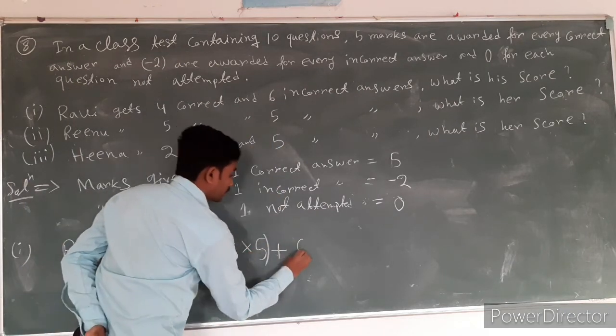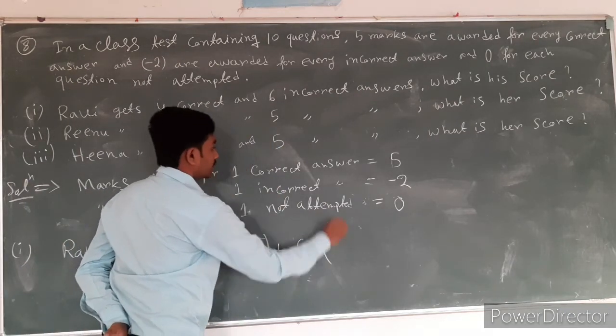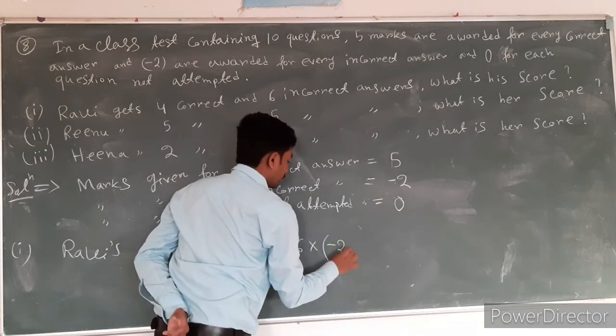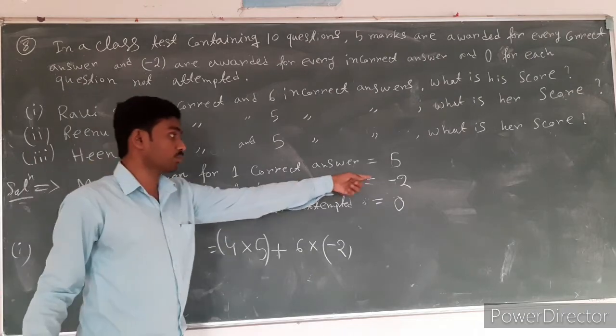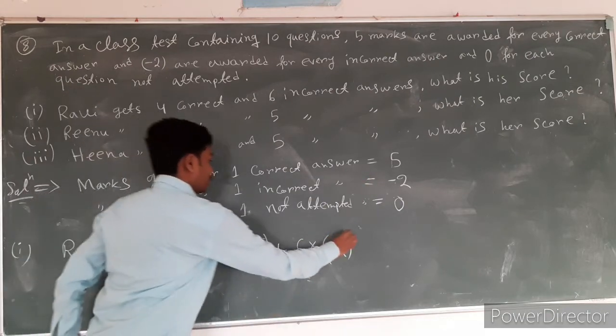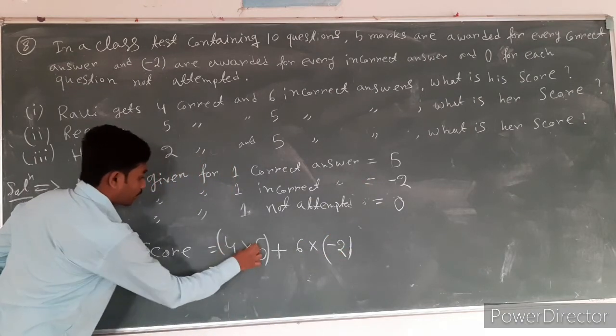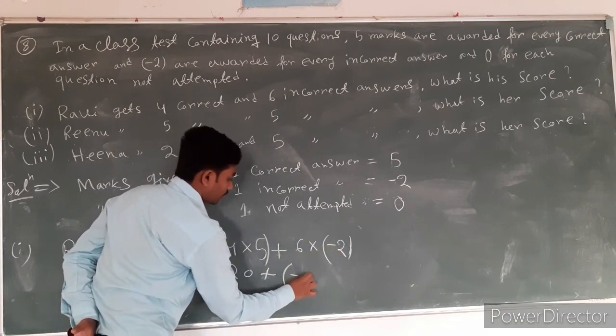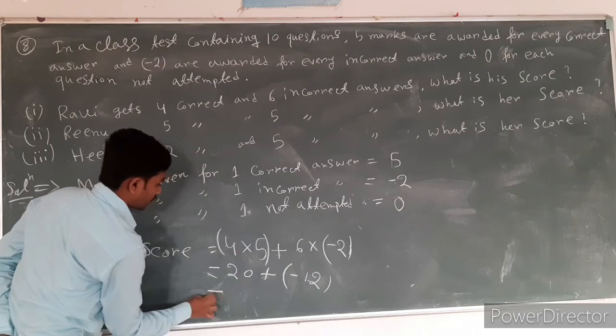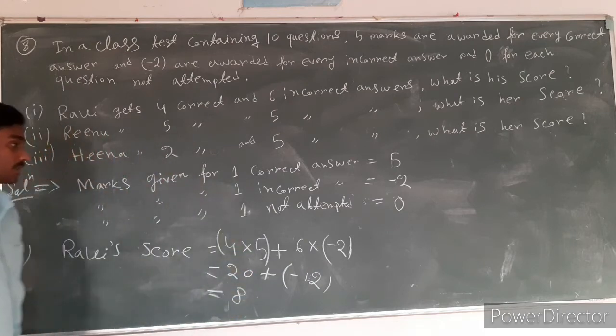So 6 is multiplied by minus 2, because one incorrect answer carries minus 2 marks. So 5 fours are 20 plus 6 twos are minus 12. So he got 8 marks.